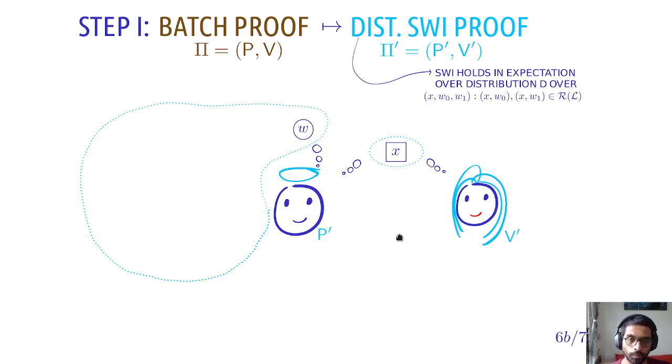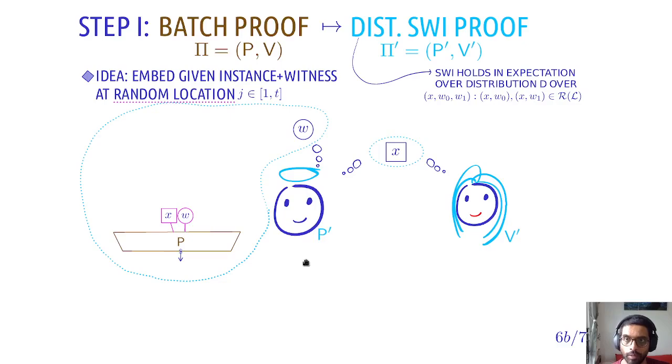It's pretty natural. You have the prover P prime and the verifier V prime. They share an instance X, and the prover P prime knows a witness W for this instance X. The prover P prime wants to use the underlying prover P in some manner. So our idea is to take the instance witness pair and simply embed it into a random position.